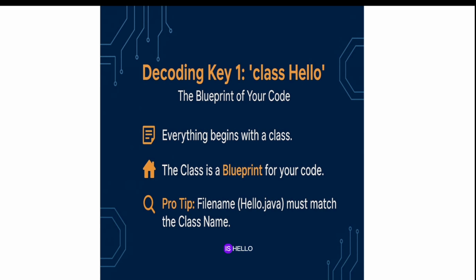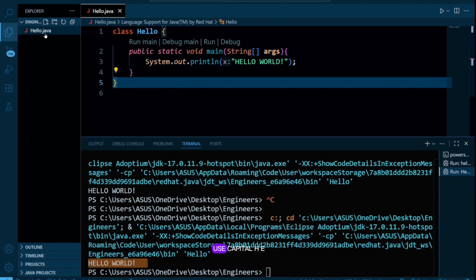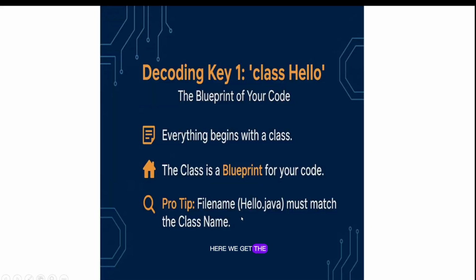So the class name here is Hello. In our code, we use capital H, Hello. Here we get the file name hello.java. The important rule is that your file name must match the class name exactly. File name and class name must be equal. So save it as Hello.java. If you save it with a small h, hello.java, then it gives you an error.